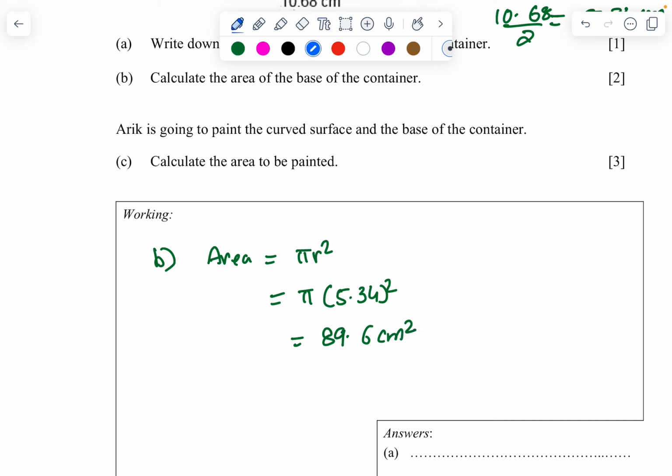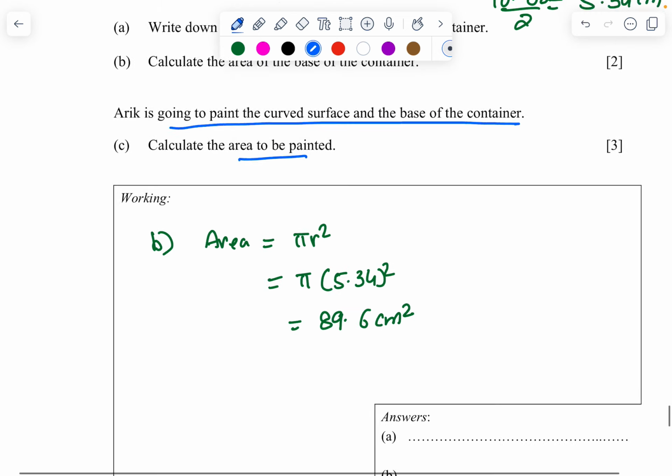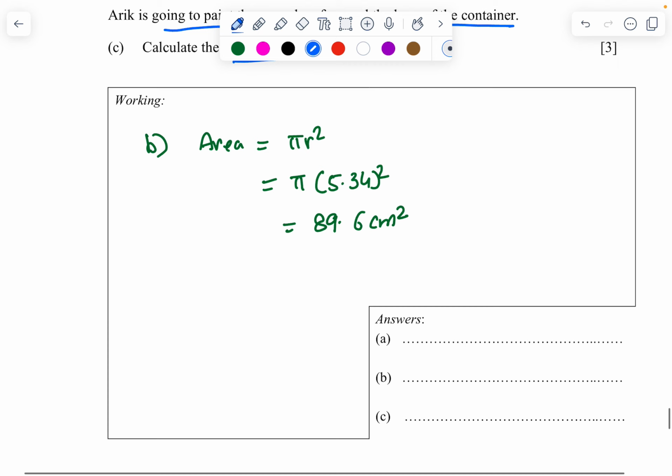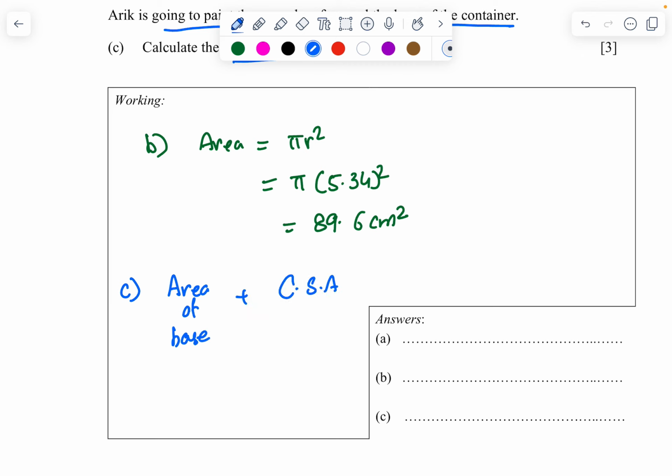Then part C, Eric is going to paint the curved surface area and the base of the container. Find the area to be painted. It is going to be area of base plus curved surface area. Area of the base, just now we got 89.58439947, plus curved surface area.